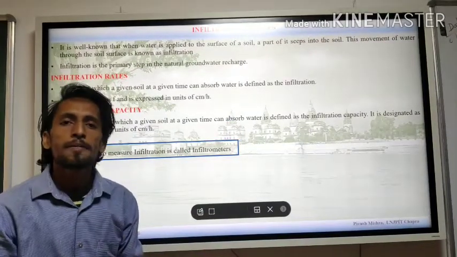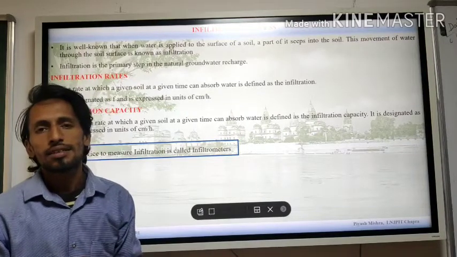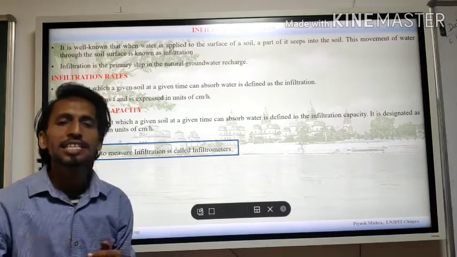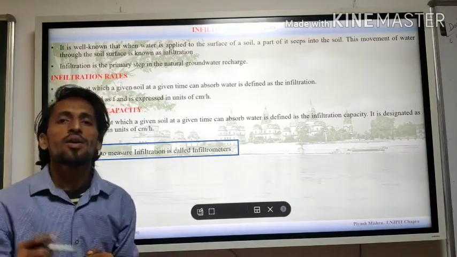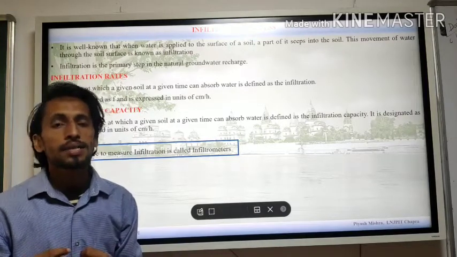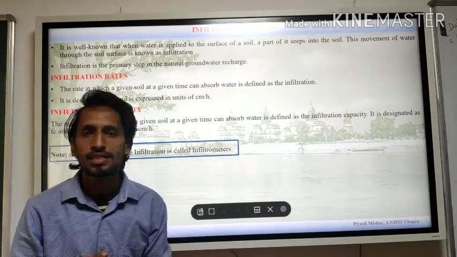How water is stored by the earth or ground: that recharging or filling of the voids of the soil is done by the process of infiltration. It is very easy to understand.